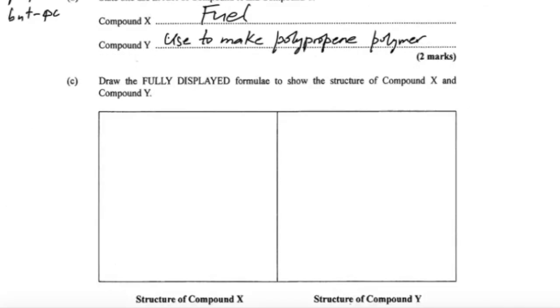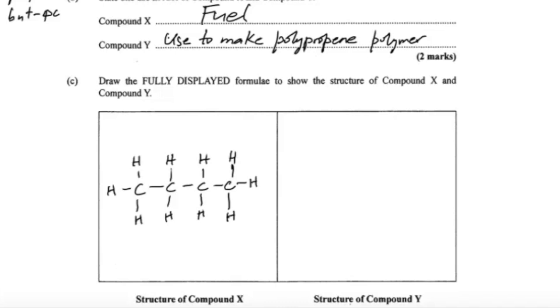They want the fully displayed structure of compound X and Y. So butane is 1, 2, 3, 4 carbons. Many see organic chemistry as a break from moles with all of those calculations. They just need to know a few rules that they're governed by. They draw the compounds, ensuring carbon is not taking part in any more than 4 bonds.